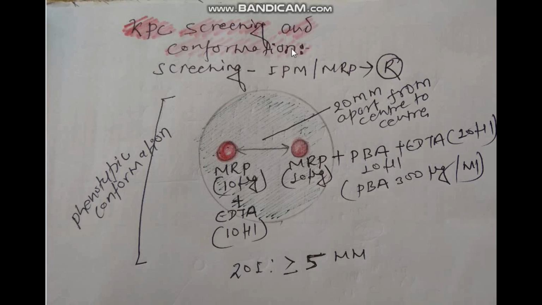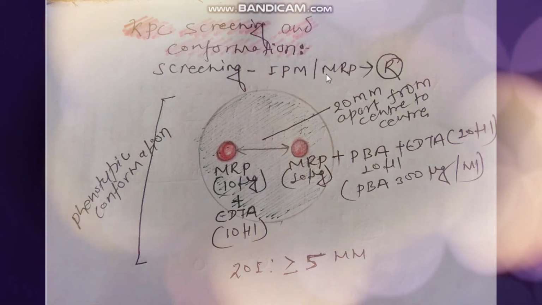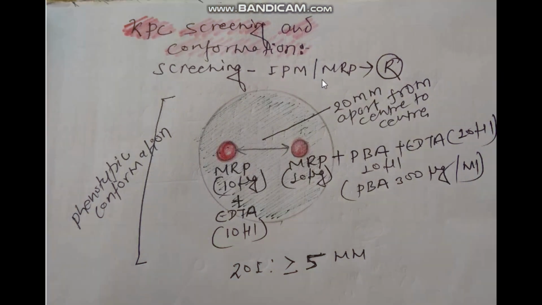Similarly, about Klebsiella pneumoniae carbapenemase screening and confirmation. If imipenem or meropenem drug is resistant, then there is a chance of KPC, and it will be confirmed by this way.